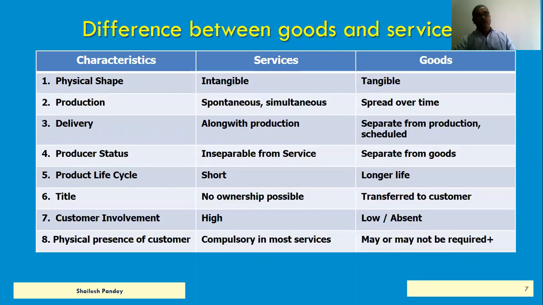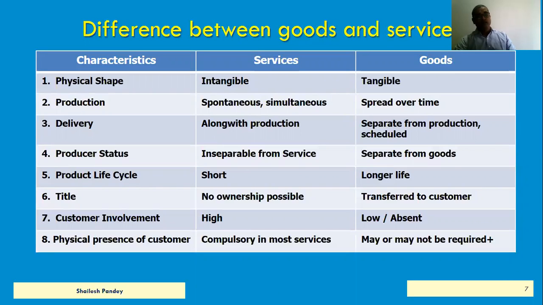When you go to acquire the service, it will be spontaneously delivered. And simultaneously, I mean, the service will not be delivered unless the customer is present to have these services. But for goods, the products are produced long back, and you are reaching different markets at different places at a different time.